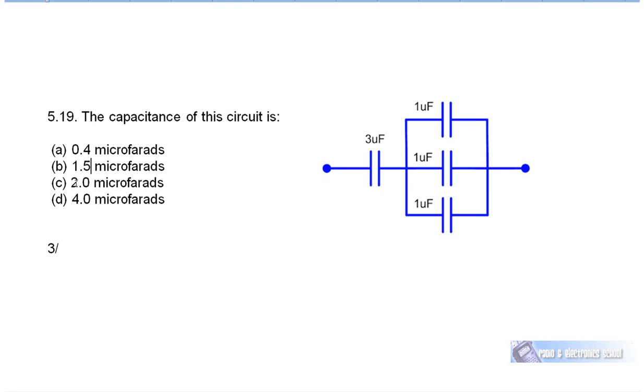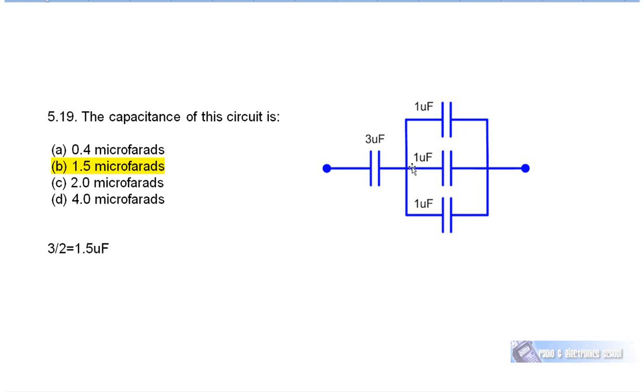This resolves to 3 microfarads. We have 3 microfarads in series with 3 microfarads. We have 2 of them, so 3 microfarads divided by 2 equals 1.5 microfarads. So the correct answer in this one is B, 1.5 microfarads.